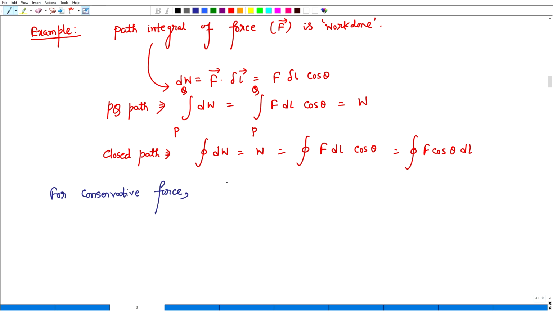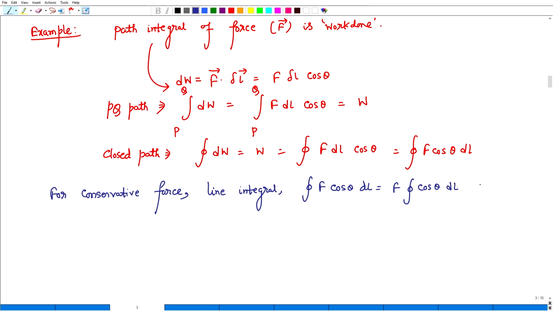So as F is constant, we can write that the line integral or the path integral is equal to F cos theta dl.